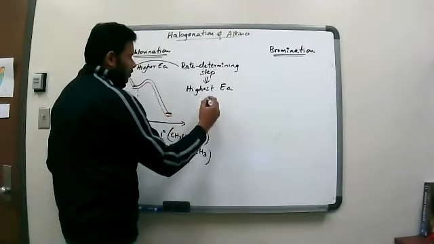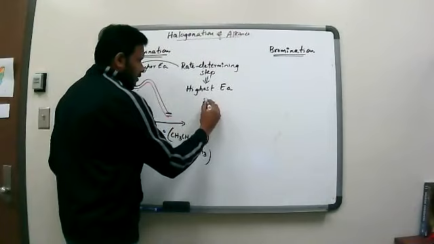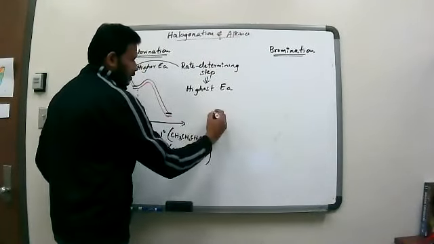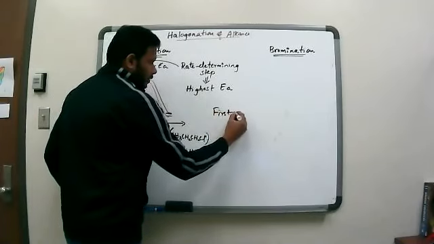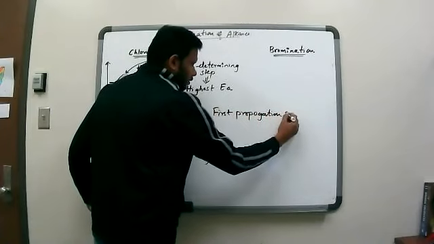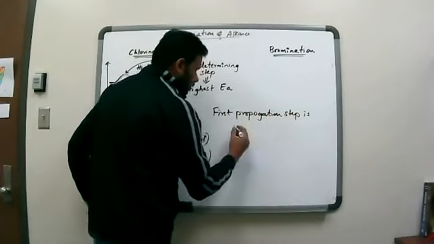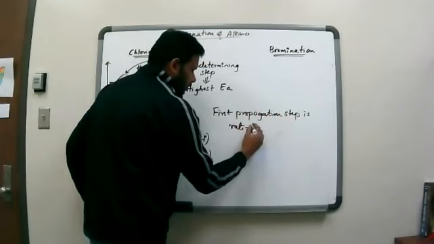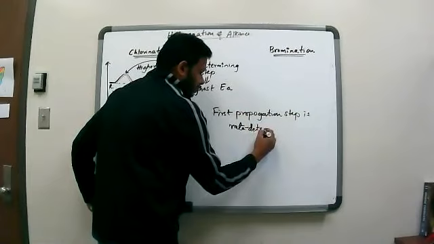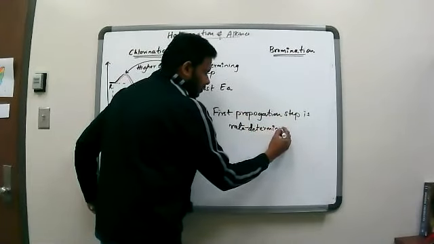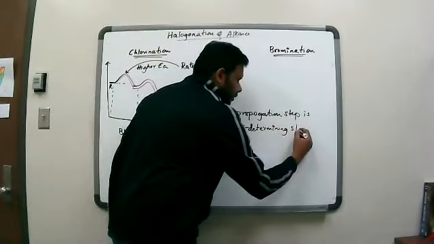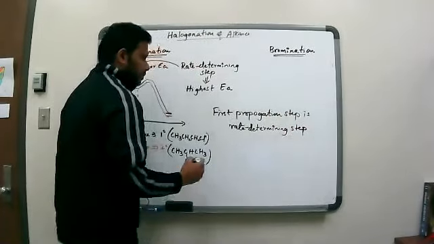So the first propagation step is rate determining. It's also called the rate limiting step, is the rate determining step.